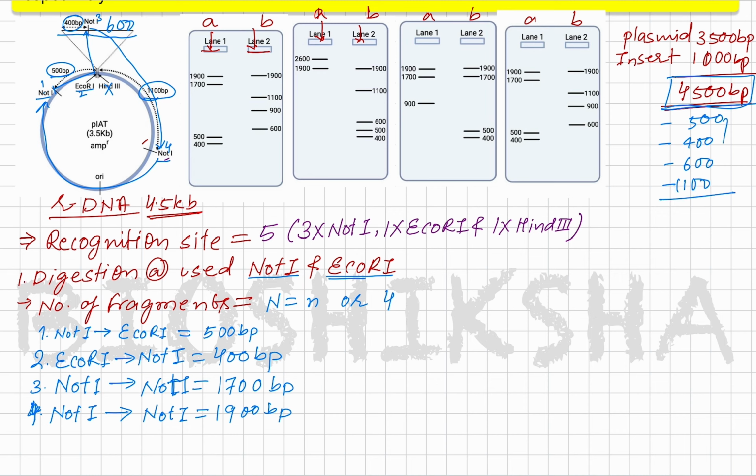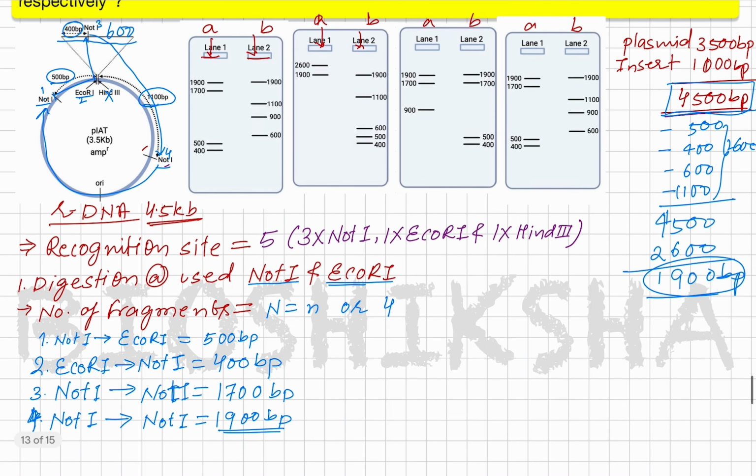If you do the total, this will come to some 2600. So the difference is what? 4500 minus 2600, you will get 9, and 3 minus 2 will be 1. So a total of 1900 base pair will come, whatever I have taken.